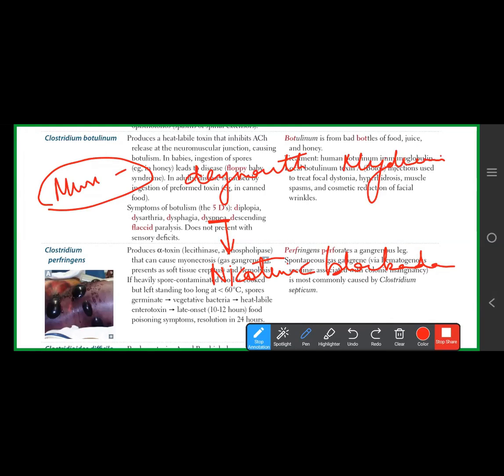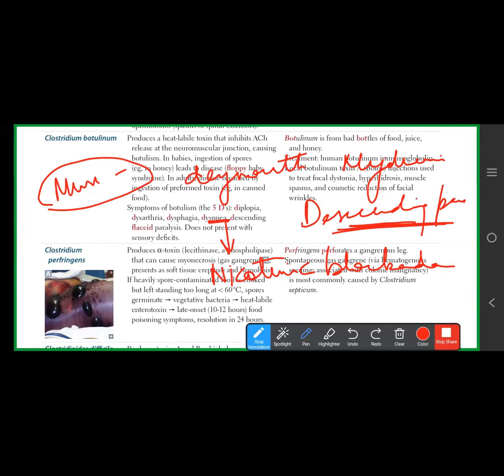The others are nicotinic blockade symptoms. Again, the patient's presentation will be descending paralysis. That is one of the major differentiations between ascending and descending paralysis, because if a patient has a Campylobacter jejuni infection, a demyelination of the peripheral nervous system, which you will study in neuro, they will have ascending paralysis. Okay, so this is the descending paralysis.